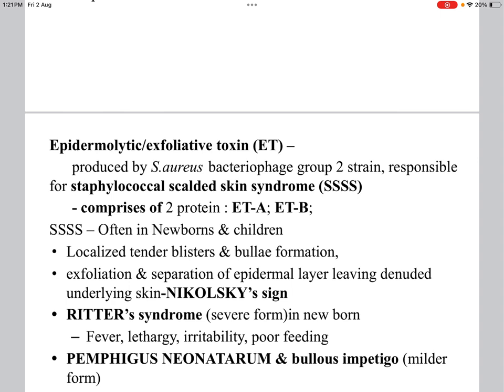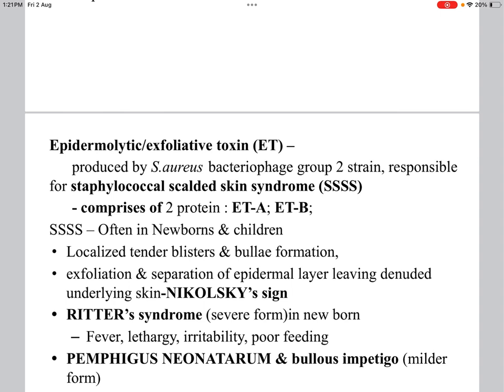And the next form of toxin is exfoliative toxin. This exfoliative toxin is responsible for causing staphylococcal scalded skin syndrome. This is a disease which is usually seen in children.